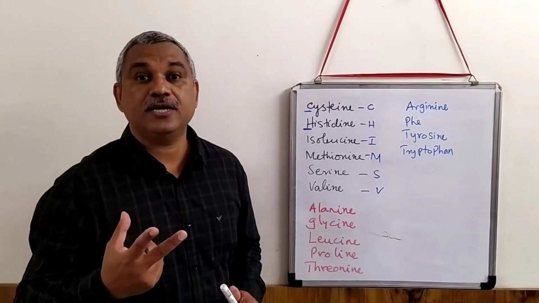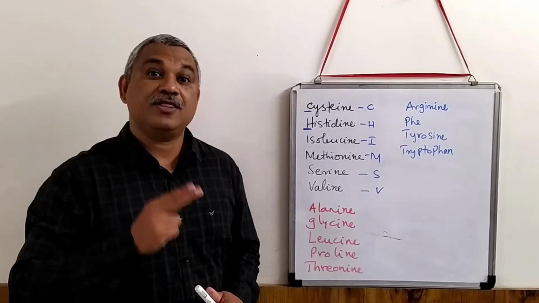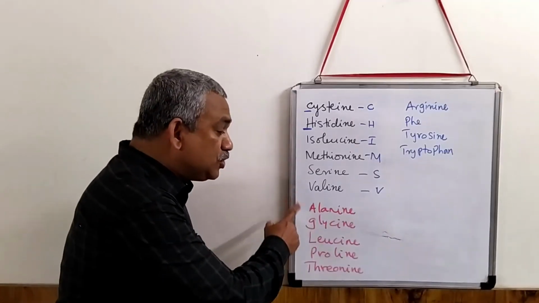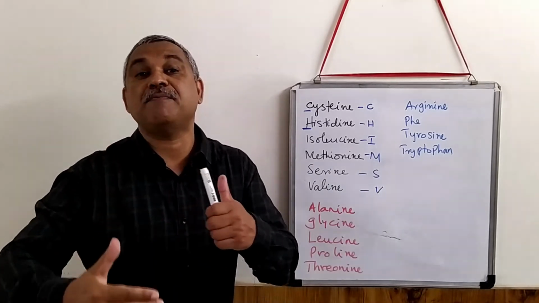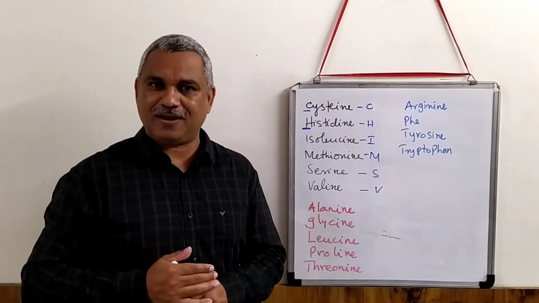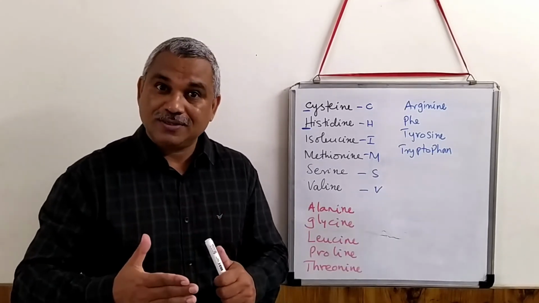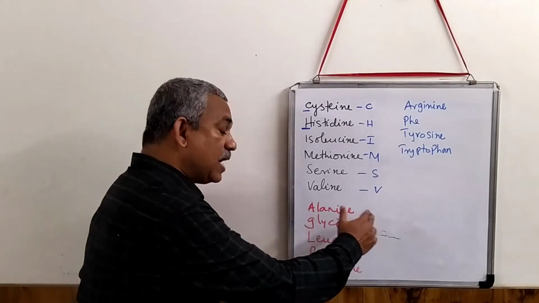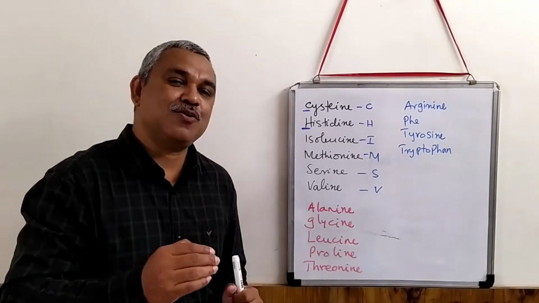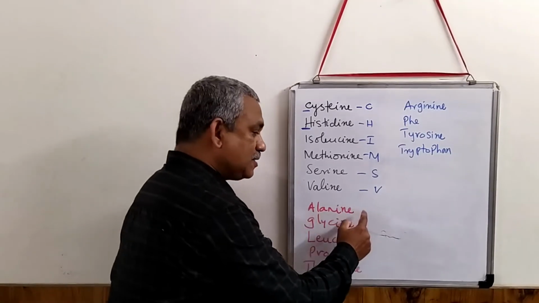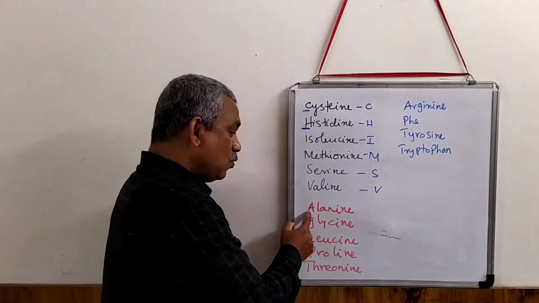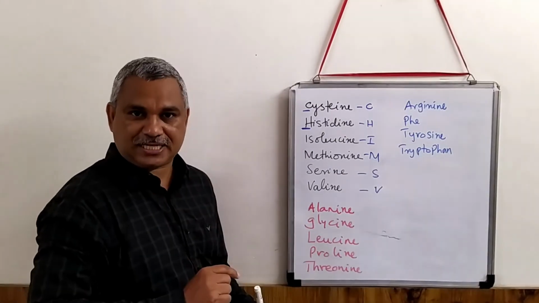Then she applied 2 rules. The first rule is, which of these amino acids are most abundant or repeated the most number of times in every protein? Or which amino acid, even when you write the names, has the first series? For example, alanine, aspartic acid, arginine. So AL becomes the first.